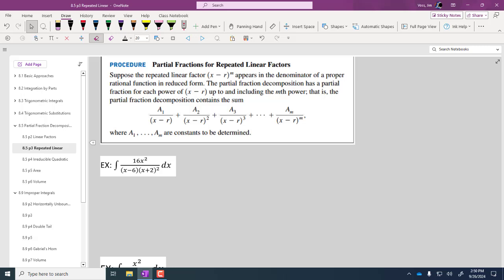So down here, x minus 6 is not repeated, so it's just going to have one partial fraction for it. X plus 2 is repeated, and this is saying that we're going to have two partial fractions for this one repeated factor. So we have to have a fraction for every power of the repeated factor. So if this was x plus 2 to the 4th, we would have 4 different fractions.